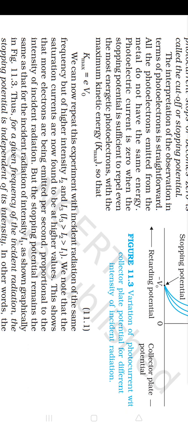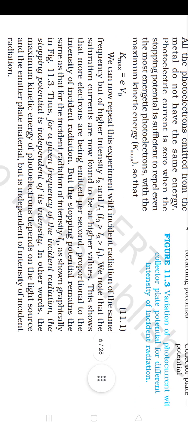We can now repeat this experiment with incident radiation of the same frequency but of higher intensity I2 and I3, with I3 greater than I2 greater than I1. We note that the saturation currents are now found to be at higher values. This shows that more electrons are being emitted per second, proportional to the intensity of incident radiation, but the stopping potential remains the same as that for the incident radiation of intensity I1, as shown graphically.